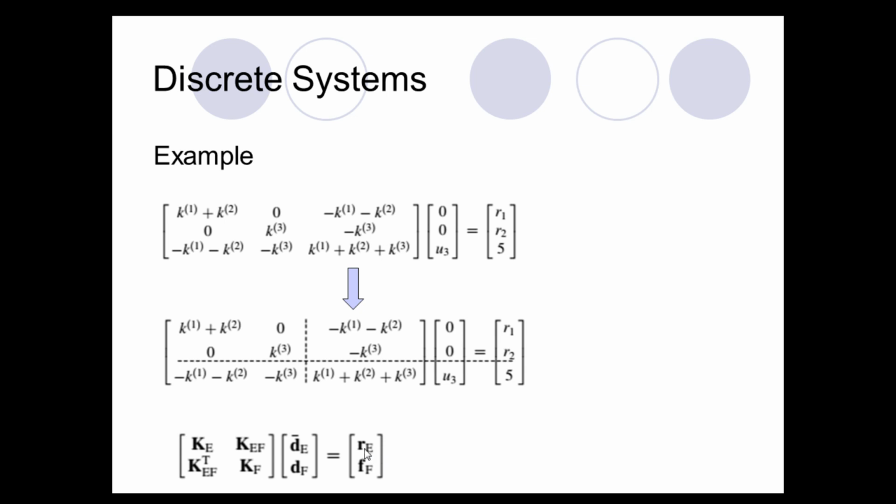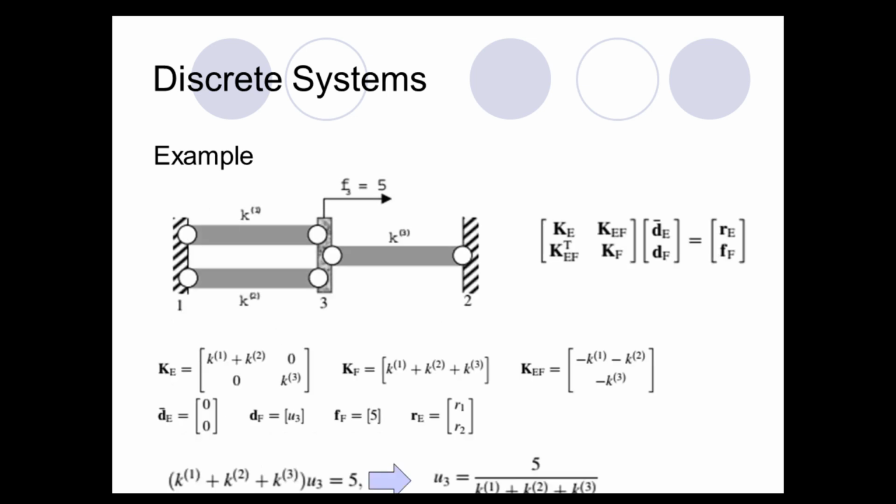Now certainly we have the essential nodes as reaction forces associated with the essential nodes, and we have, you see, the force vector associated with the free nodes. Okay, now as a result, this is our system of equations.